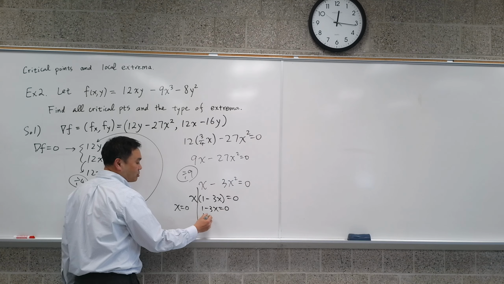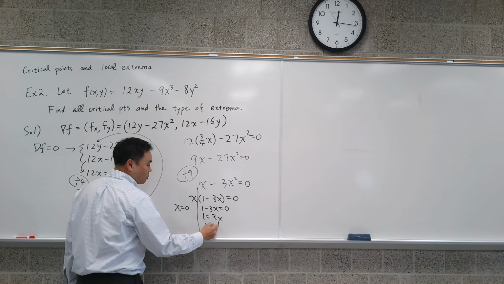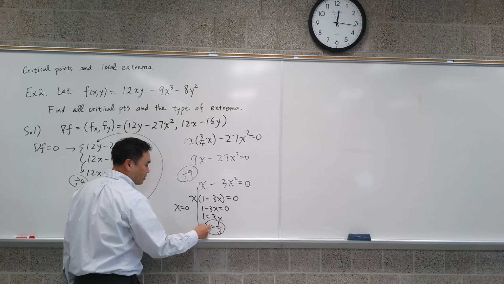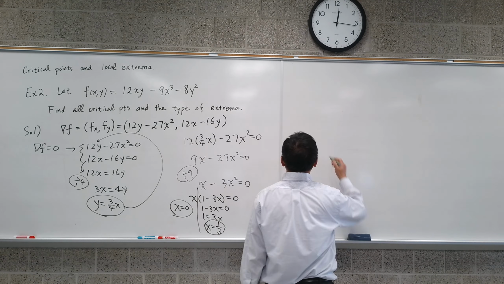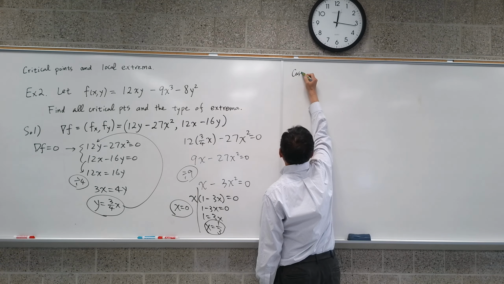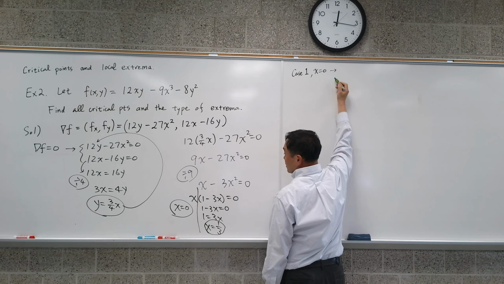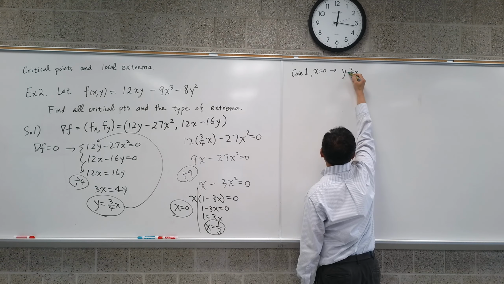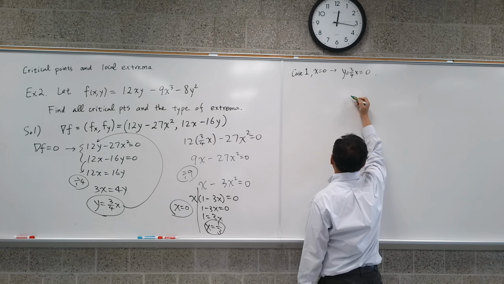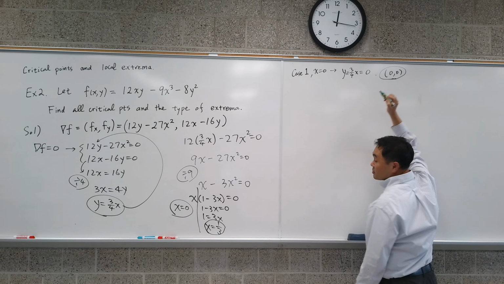This one I can move 3x to the side, divide by 3, so you get 1/3. So you have two possibilities, okay? So you have case 1, when x is 0. Now if x is 0, then because y is 3/4 of x, that's also going to be 0, which means that the critical point is 0, 0.